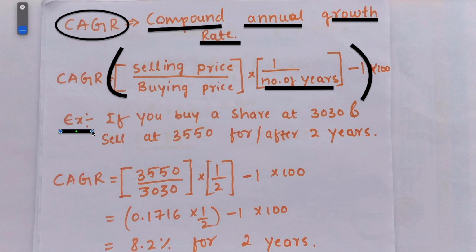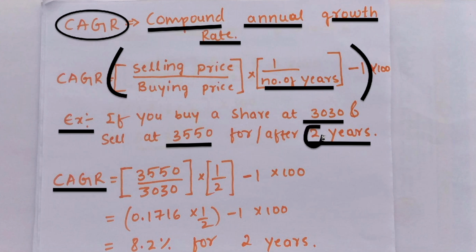For example, if I buy a share of ABC company at 3030 rupees, hold it for a period of 2 years, and then sell it for 3550, we will learn how to calculate the CAGR for this situation. The selling price 3550 divided by the buying price 3030, raised to 1 by the number of years, which is 2 years.